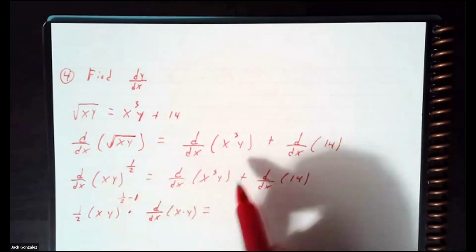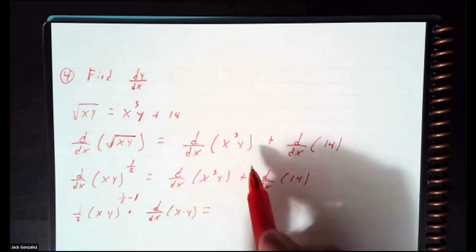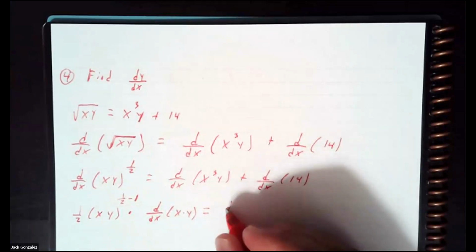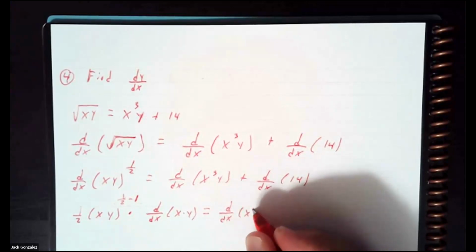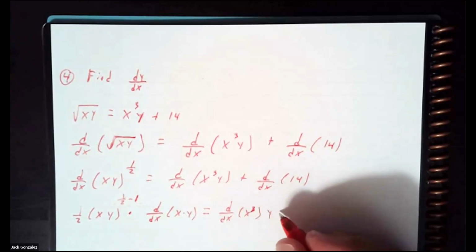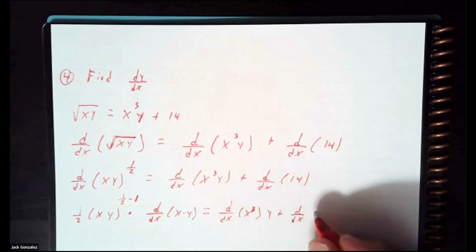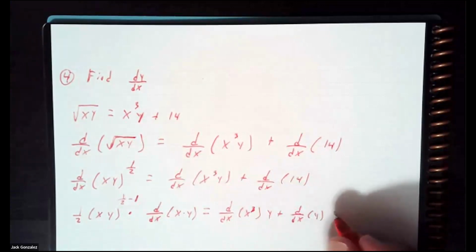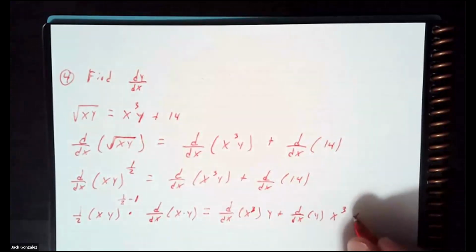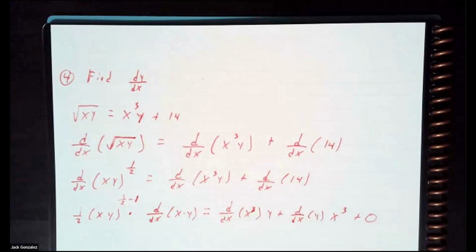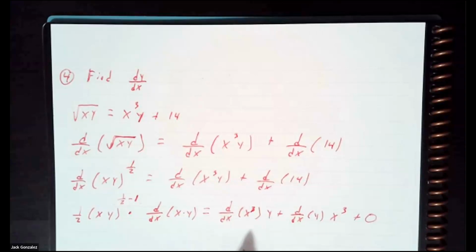So that's this side. The derivative of this is a product rule. So d dx of x to the third times y plus d dx of y times x to the third, plus 0. Okay, you guys cool with the product rule setup here?